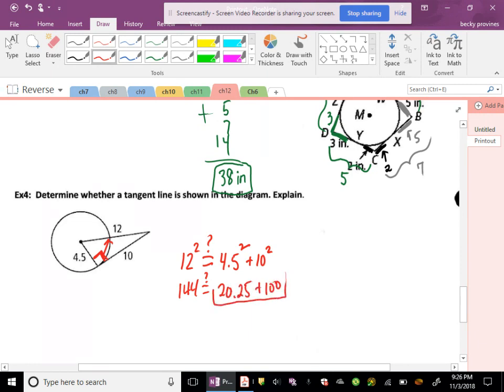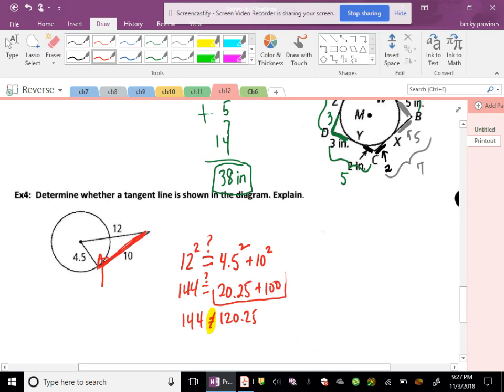So when I add these together, do I get 144? And the answer is no, of course not. Okay, so since it is not equal, this is a big not equal, that means this is not a right angle here, which means this line is not tangent.